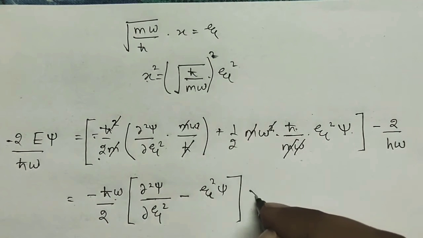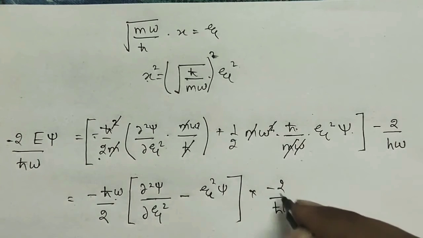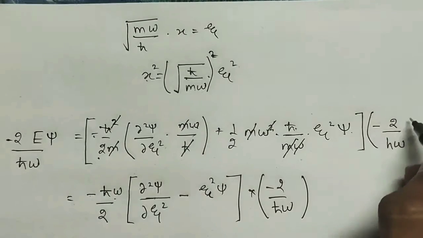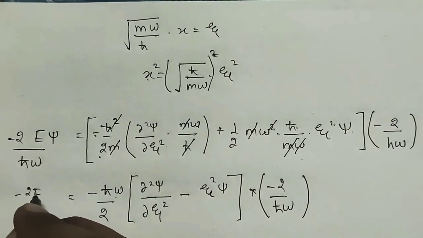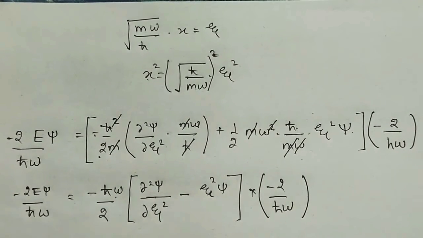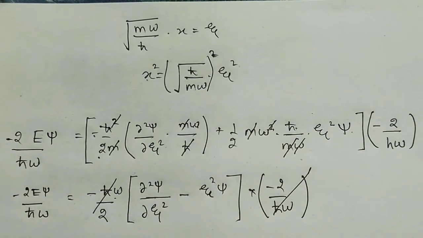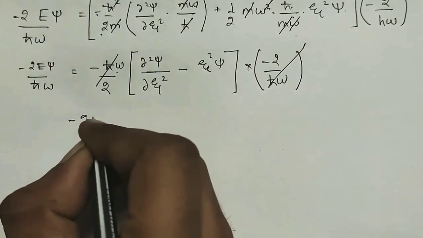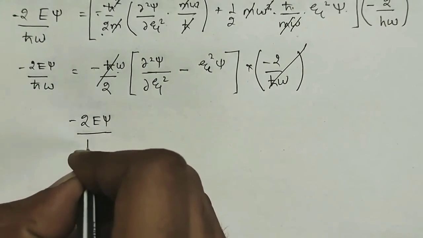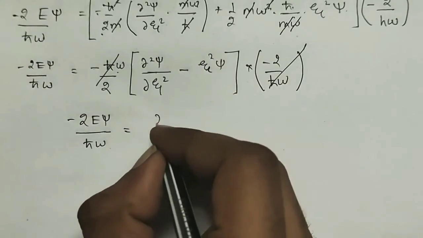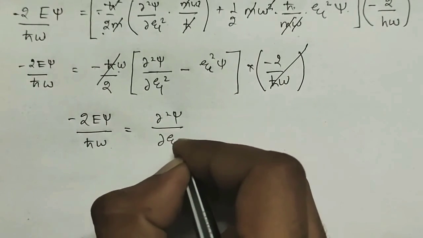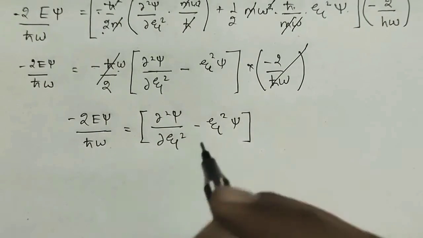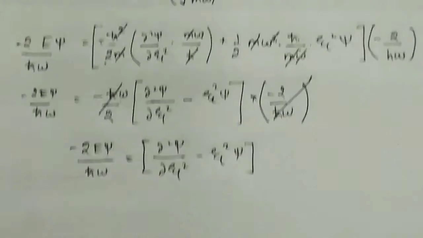Okay, and multiplying by −2/ħω, which cancels out, we get −2Eψ/ħω. Okay, this and this will cancel out. We are only left with −2Eψ/ħω equal to ∂²ψ/∂j² minus j²ψ.